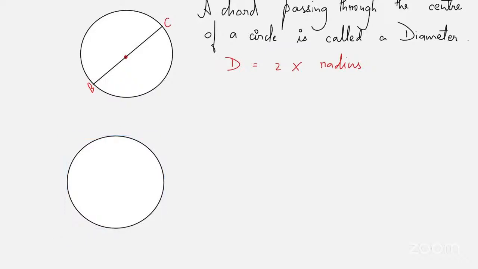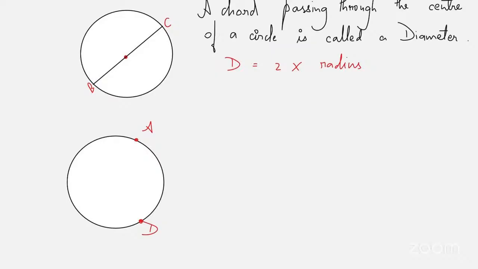This is my circle. And in the circle, I will mark 2 points. Any 2 points. For example, here. A and D.